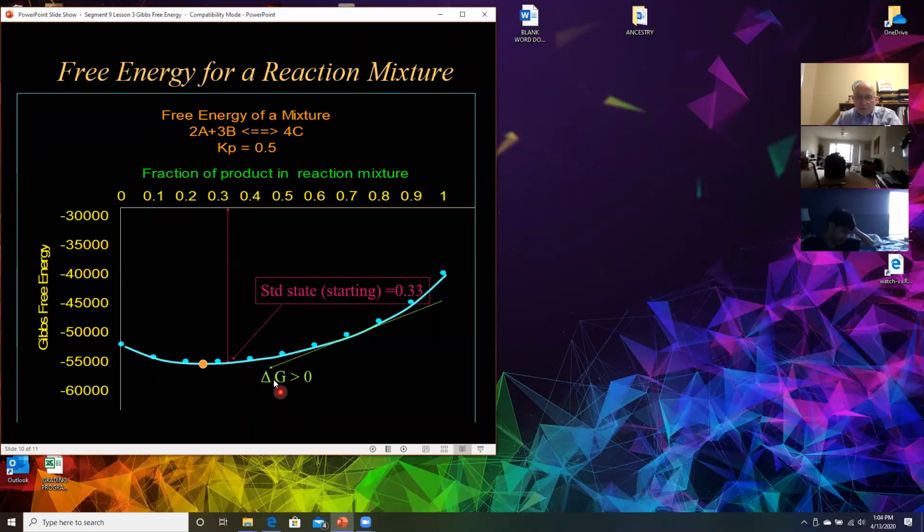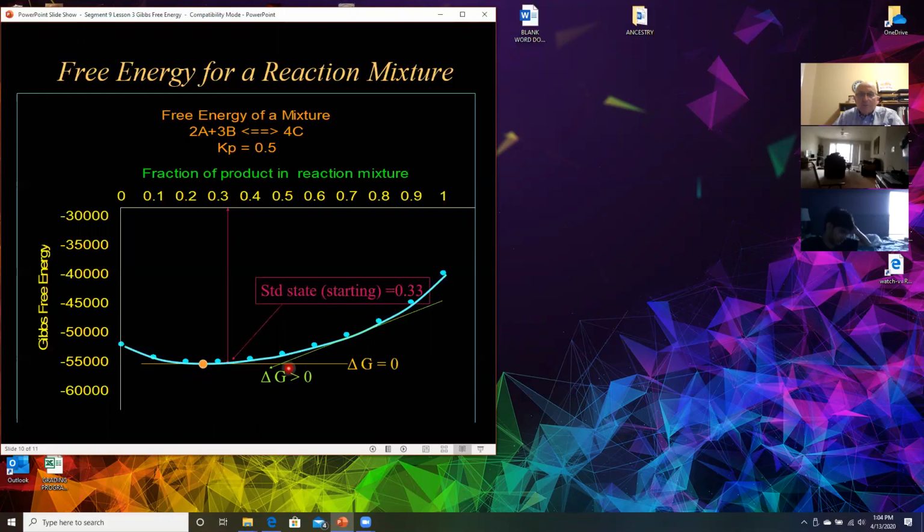Delta G is greater than 0 if I go on this side. If I go this direction, final minus initial is going to be a negative value, and a positive value going to the right. So if I'm at equilibrium, that's this point right here that I highlighted. That's the minimum free energy that mixture can have, and that is where equilibrium will be.